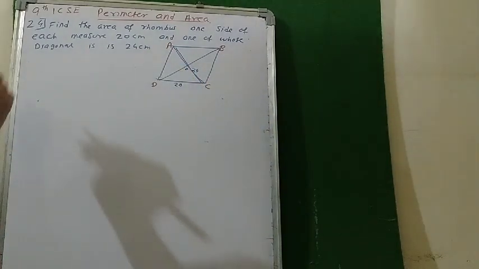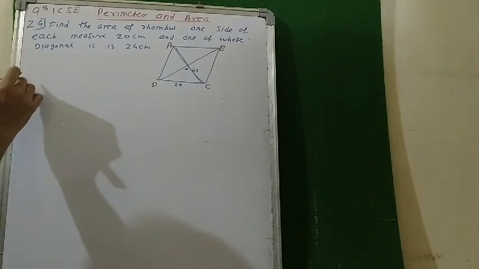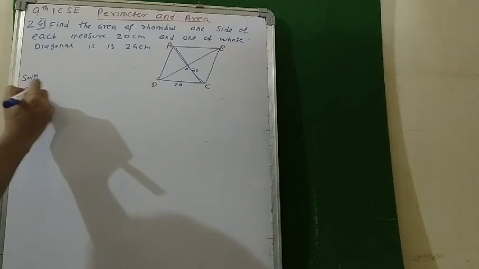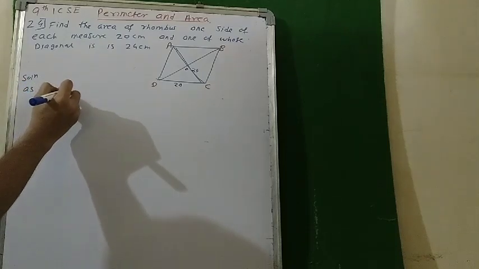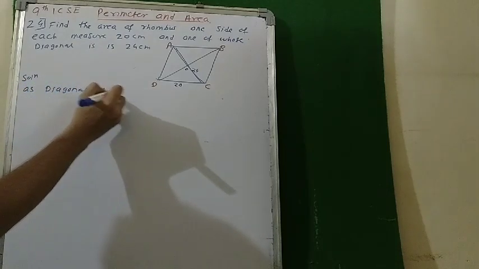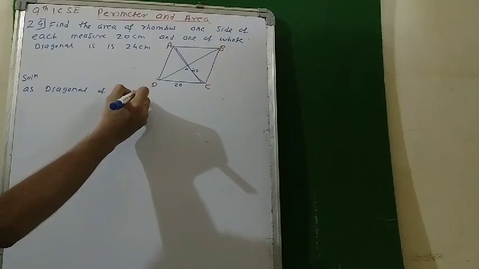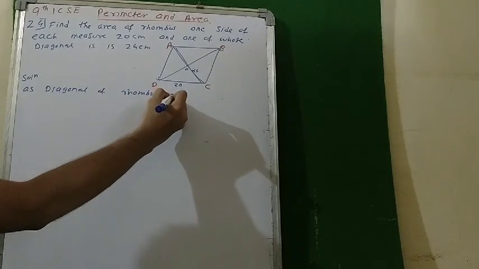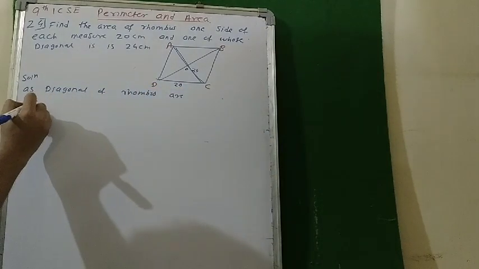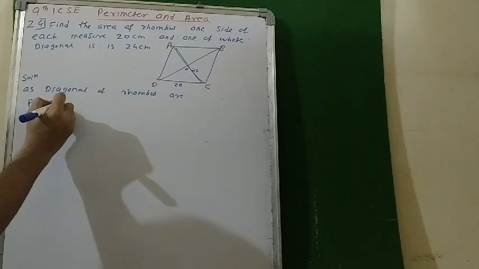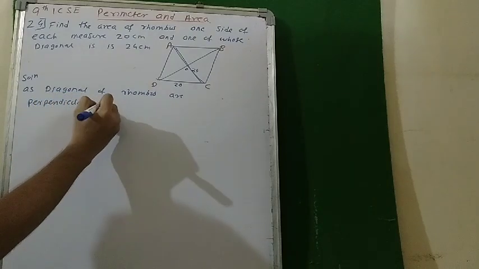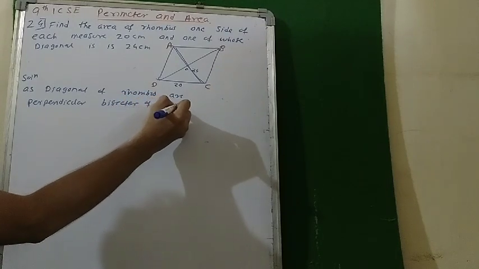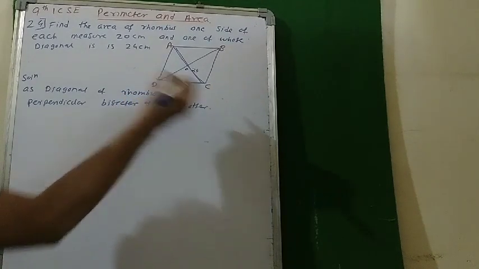See, I'll write one statement which will be helpful to solve the sum. Diagonals of a rhombus are perpendicular bisectors of each other.